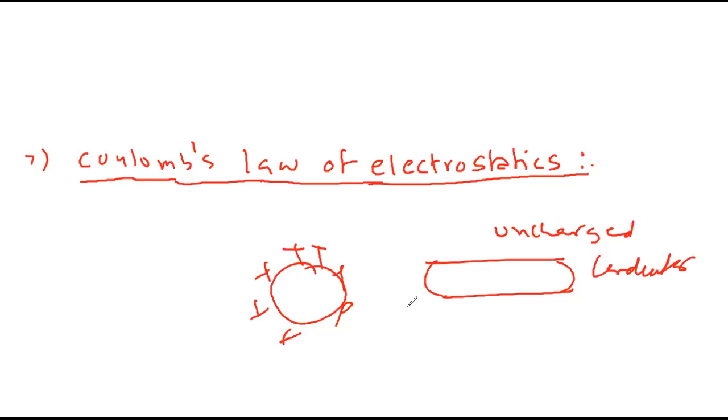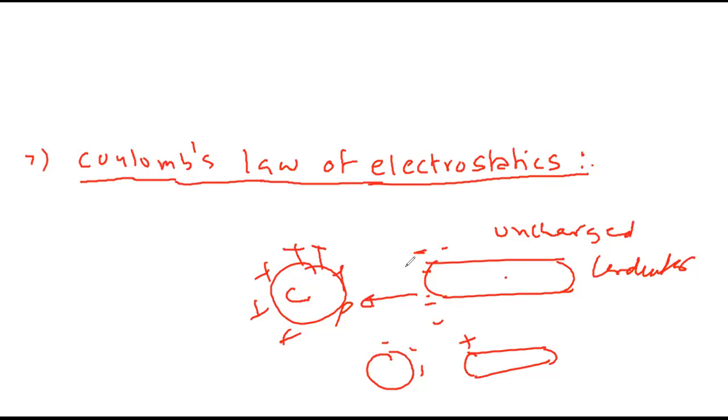That means indirectly they will always attract, na? Because if this is positive, negative will be developed due to induction, so there will be attraction. Same way, if it is negatively charged and here there is something, again positive will be developed, there will be attraction. So remember, if there is a charged conductor and another uncharged conductor, then always there is attraction. Don't say nothing will happen.